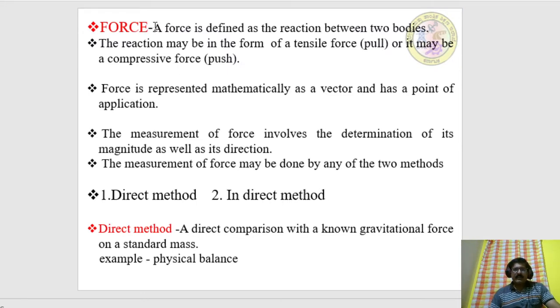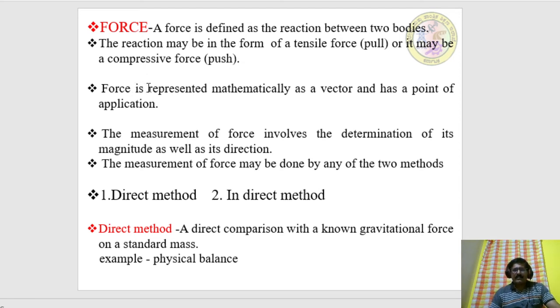First, we'll see what exactly a force is. In your earlier classes, you might have studied the definition of a force. Once again, we'll rebrush. A force is defined as the reaction between two bodies. The reaction may be in the form of a tensile force, that is a pull, or it may be a compressive force, that is a push.